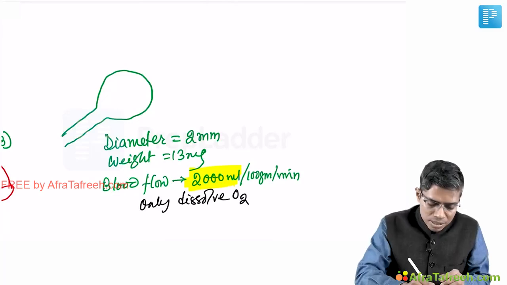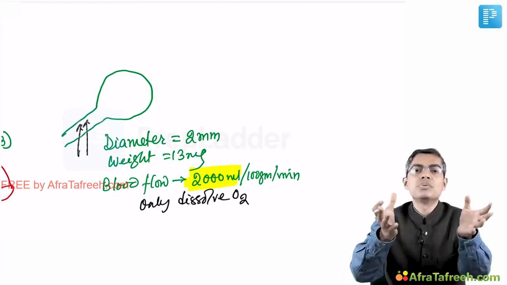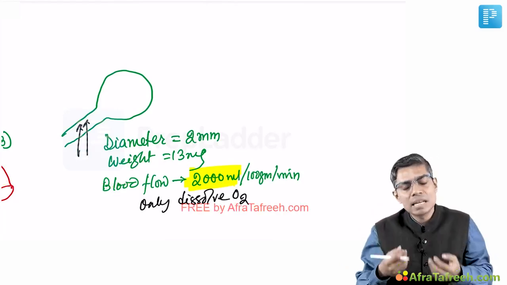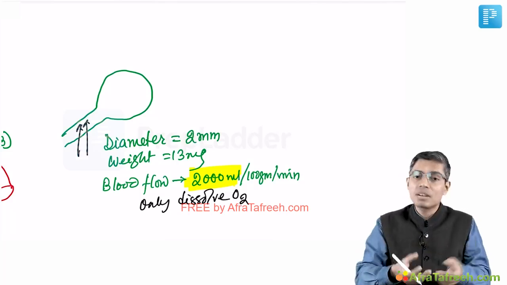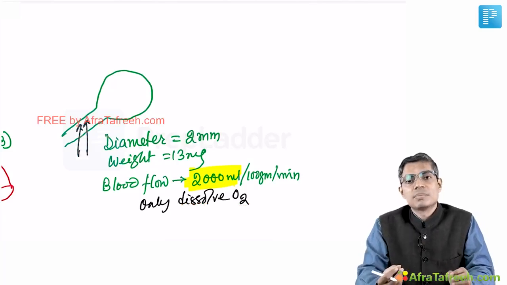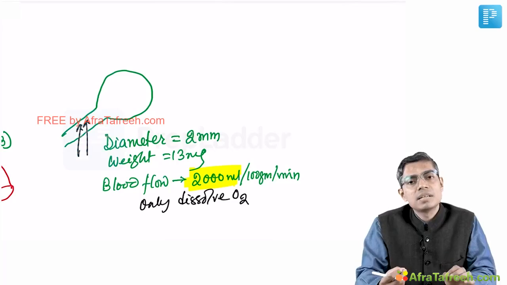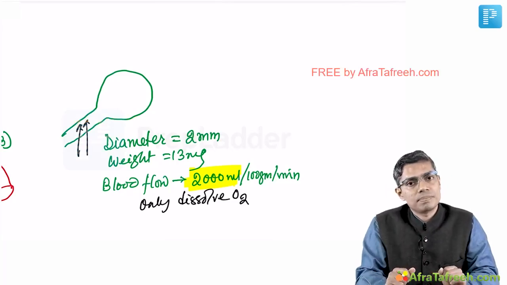But in the carotid body and aortic body, blood flow is so huge that even the dissolved oxygen is adequate for survival. Although the dissolved oxygen amount is very less, the blood flow is high. This has applied importance that you will learn in the hypoxia chapter in the respiratory system, right?